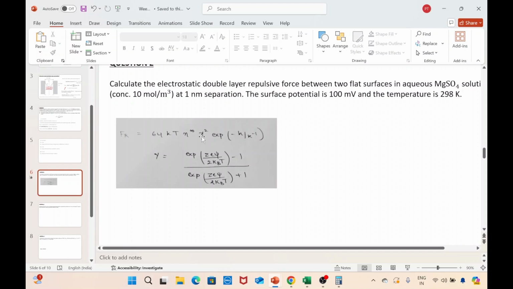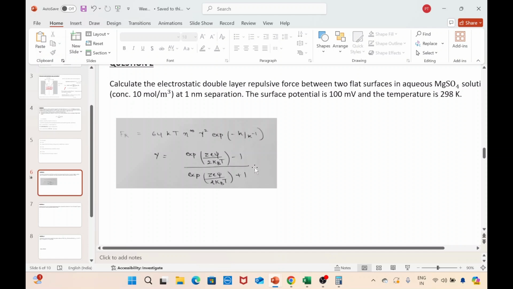And then the value of gamma is given as exponential of Ze psi by 2 kBT minus 1, divided by exponential of Ze psi by 2 kBT plus 1.